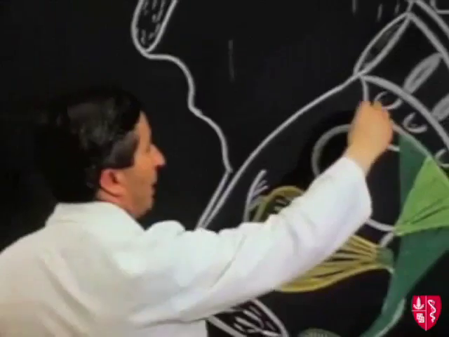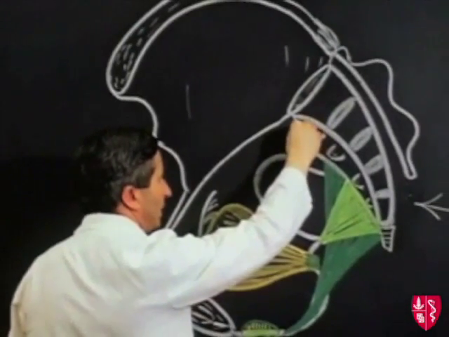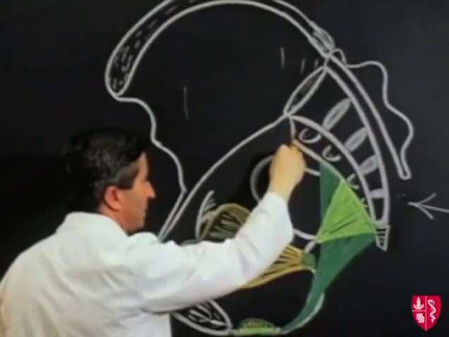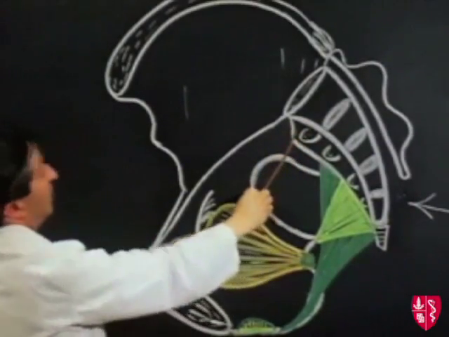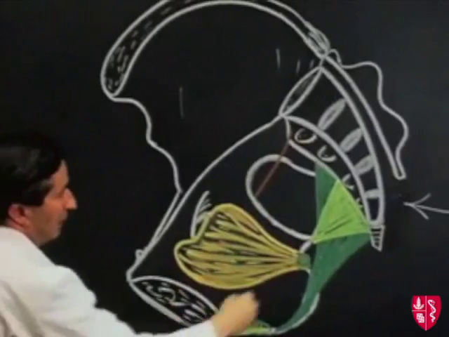Arising from the anterior surface of the sacrum, we have the piriformis muscle. And here we can show the upper margin of the piriformis passing out of the pelvis through the upper part of the greater sciatic foramen.